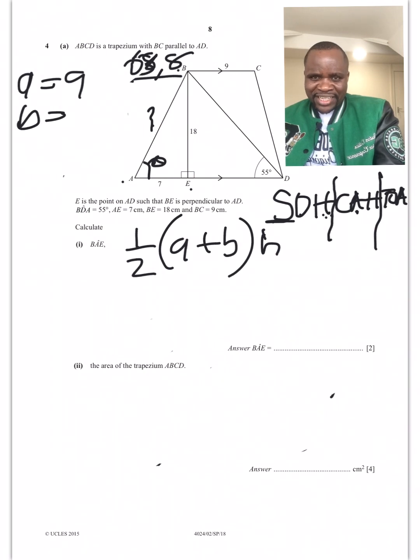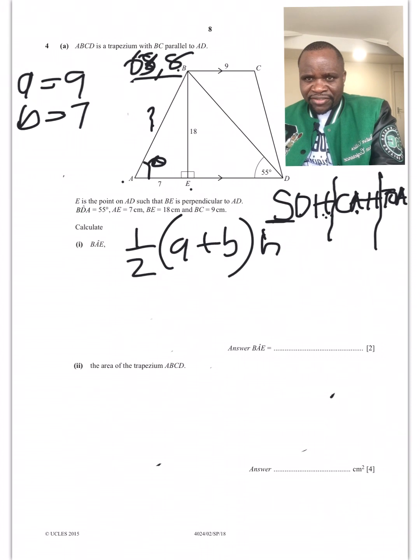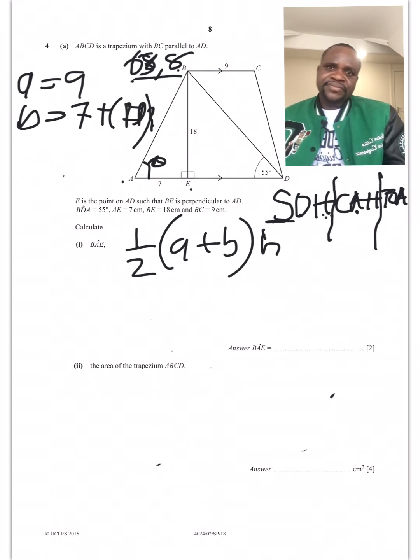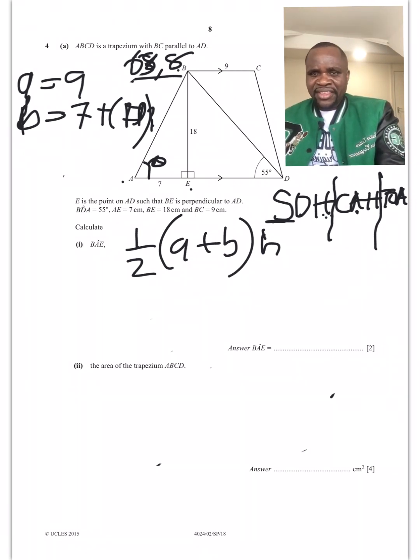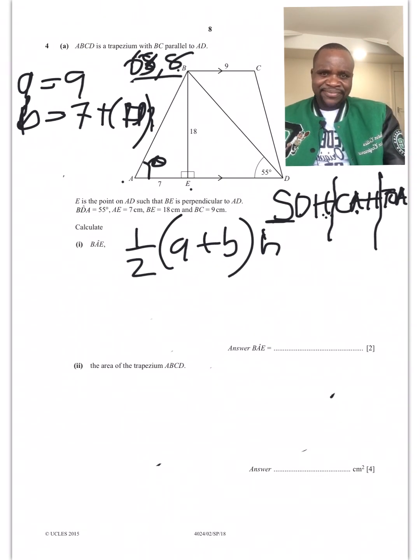We have a missing element, because our B should be 7 plus this part which is ED. So we need to find ED, this distance.